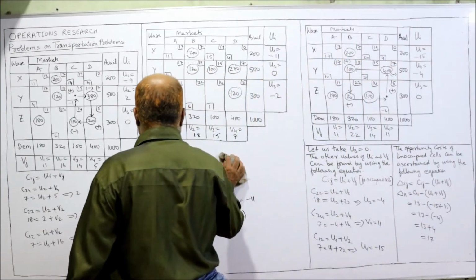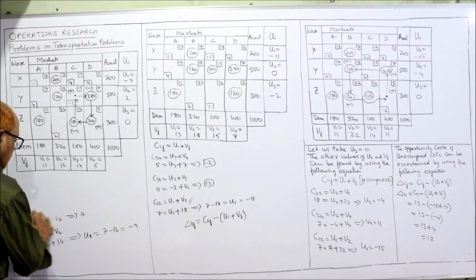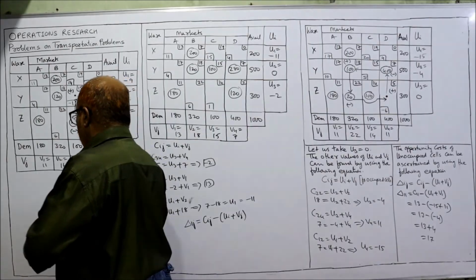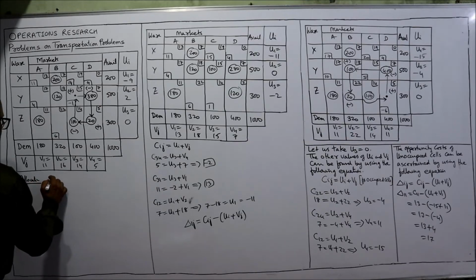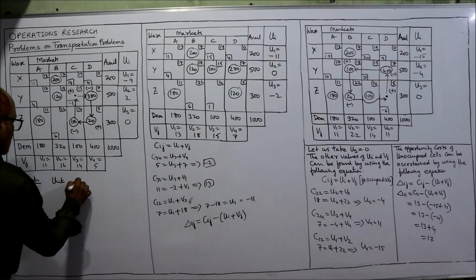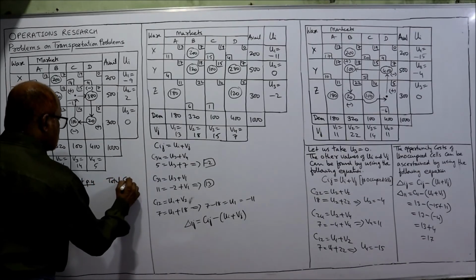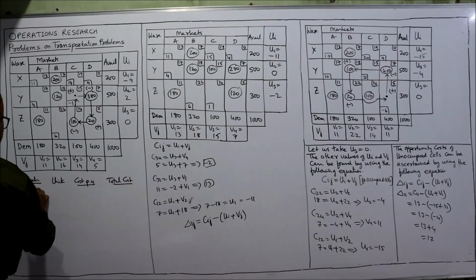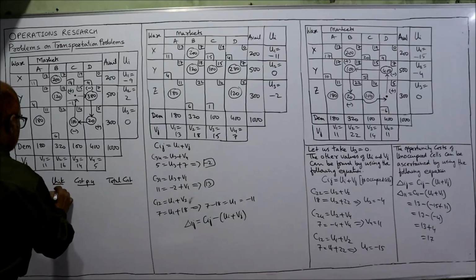Now I am writing the allocations here. What are the allocations and what is the total transportation cost? Here I am taking allocations, then units, cost per unit and total cost. As usual, the first is X to B: 200 units.